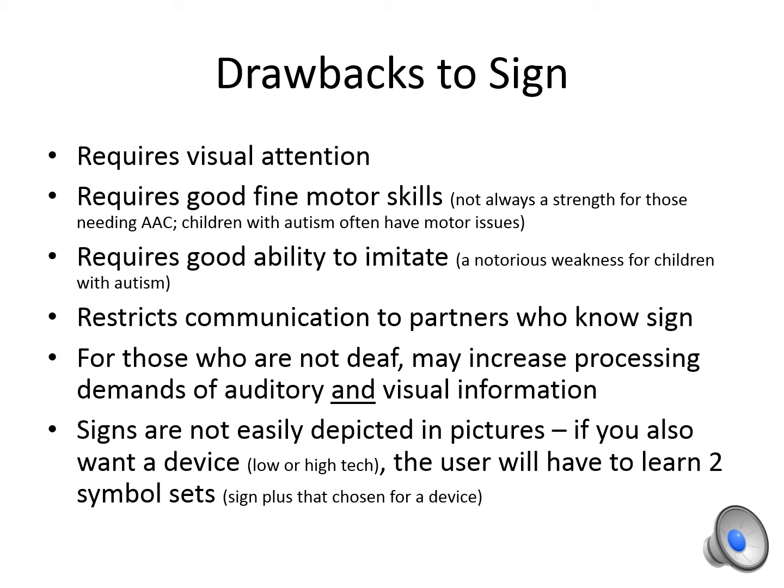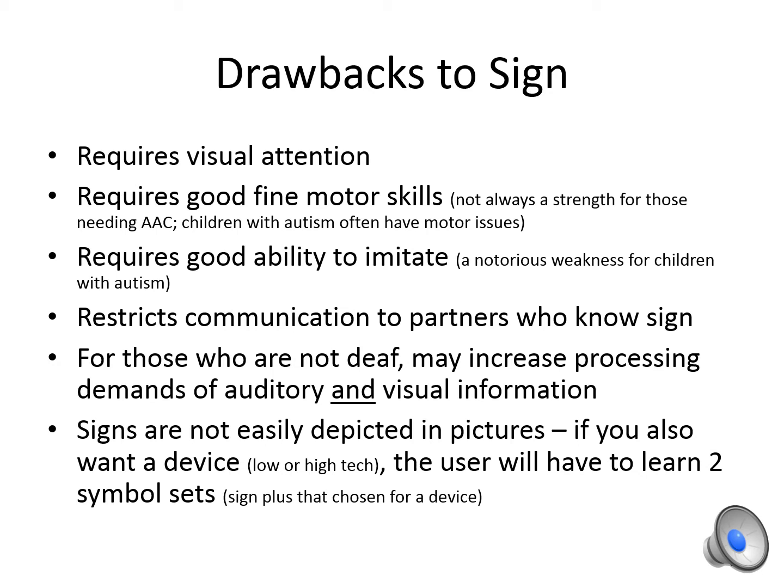And then finally, this is a minor one, but signs are not easily depicted in pictures. So if you want to use an aided device, like pictures or a computer, then the child on the spectrum who is a sign language user is going to have to learn the sign and the picture for the same item. That means we're actually doubling the amount of effort.